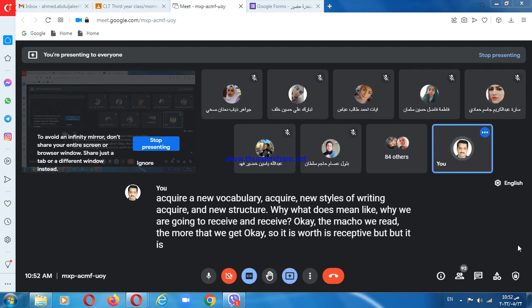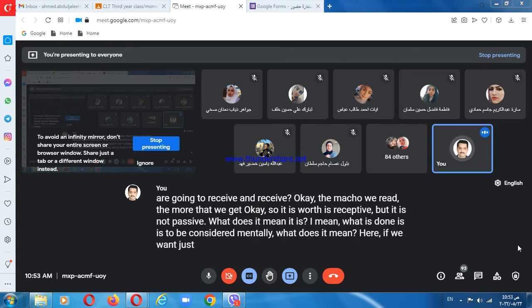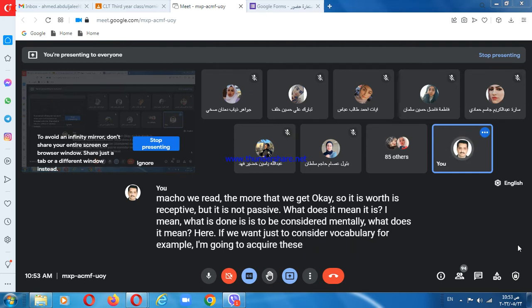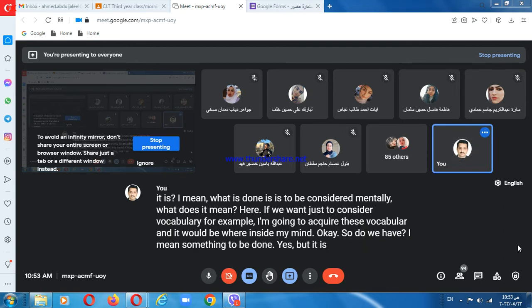What does it mean? What is done is to be considered mentally. If we want just to consider vocabulary, for example, I'm going to acquire this vocabulary, and it will be inside my mind. So do we have something to be done? Yes, but it is mental.